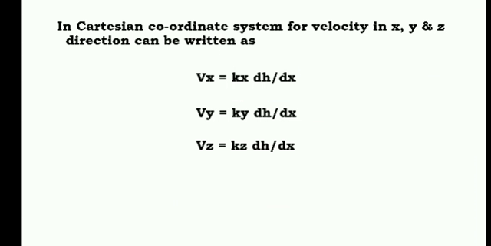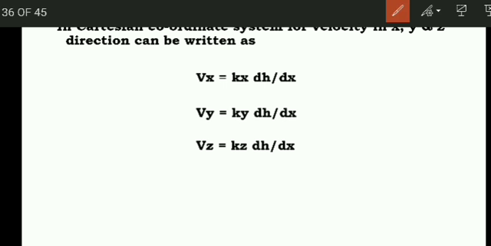We can write this expression for different coordinates, like in the Cartesian coordinate system, for the velocities in the three directions x, y and z: Vx is equal to kx dh by dx, Vy in the y direction is ky dh by dy, and Vz in the z direction with the same form of equation.